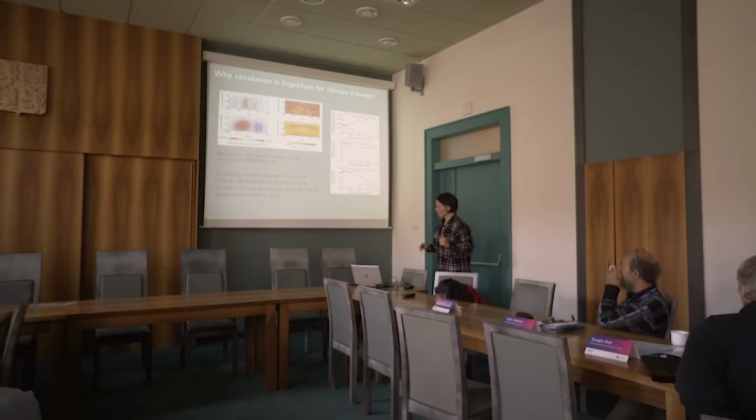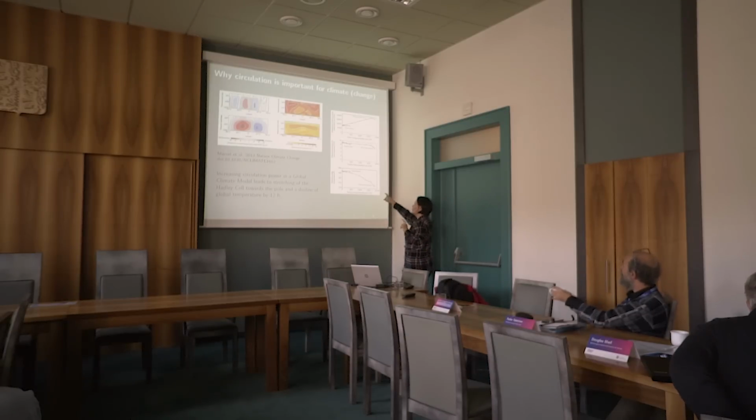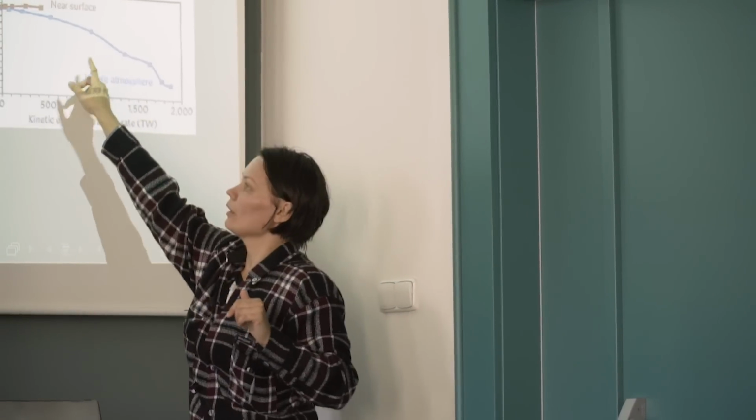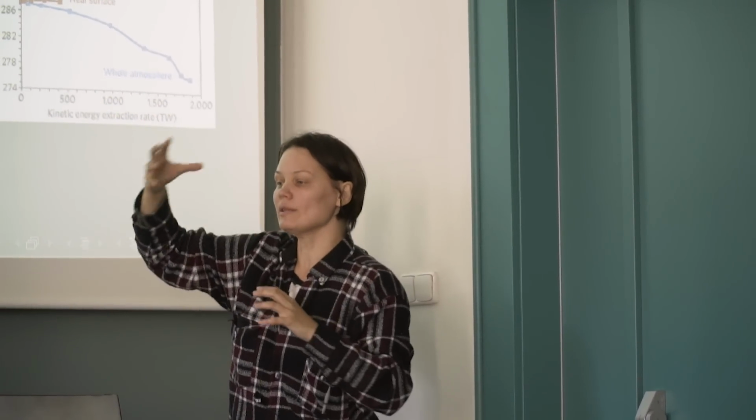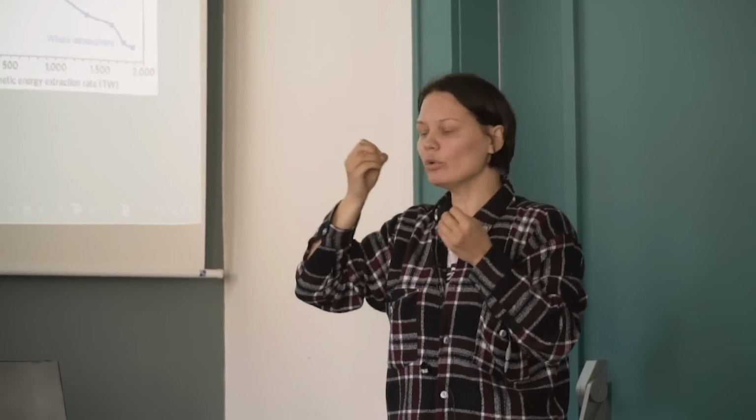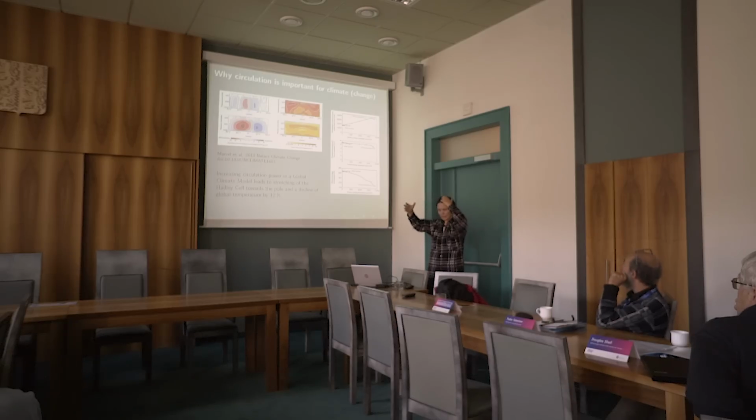But the most interesting thing is the global temperature in this model when they just increased the circulation power. And to give you an idea of scale, wind power is just 3 watts per square meter, while the solar radiation flux is around 200, 300 watts per square meter.